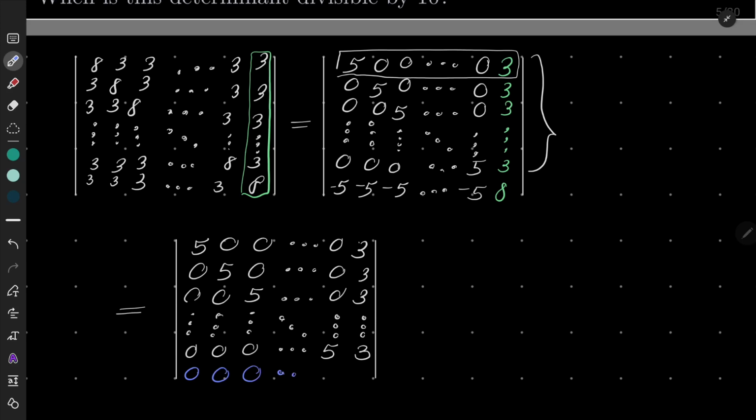Likewise, here is also 0. But the last entry will be different, because I will have 3 plus 3 plus 3 and so on, n minus 1 times, plus 8. So in the last entry, I will have 3 times (n minus 1) plus 8.